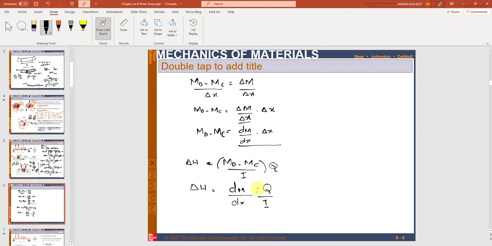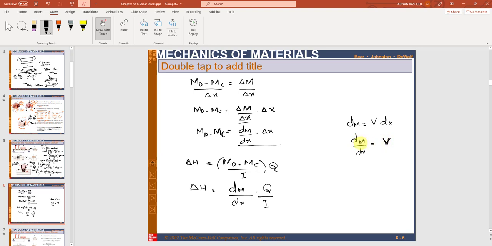Clear? So now from our previous lecture, in which we discussed the relationship between the bending moment and the shear force, we wrote that dM is equal to V into dx, or dM over dx is equal to shear force. Because shear force is one degree lesser than the bending moment, we take the derivative of the bending moment in order to get the shear force.